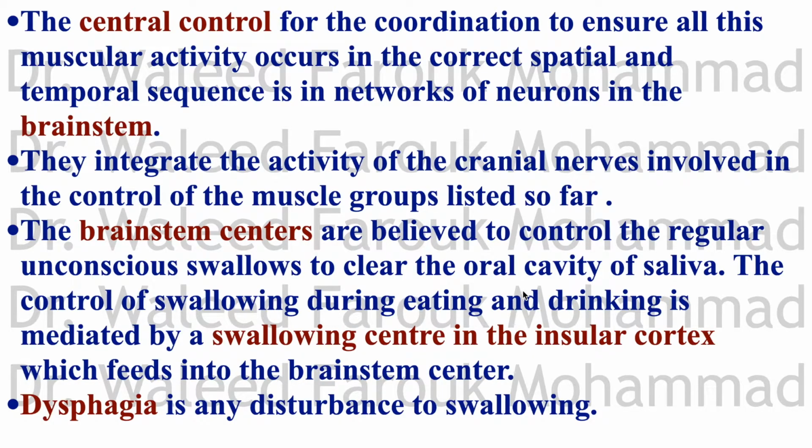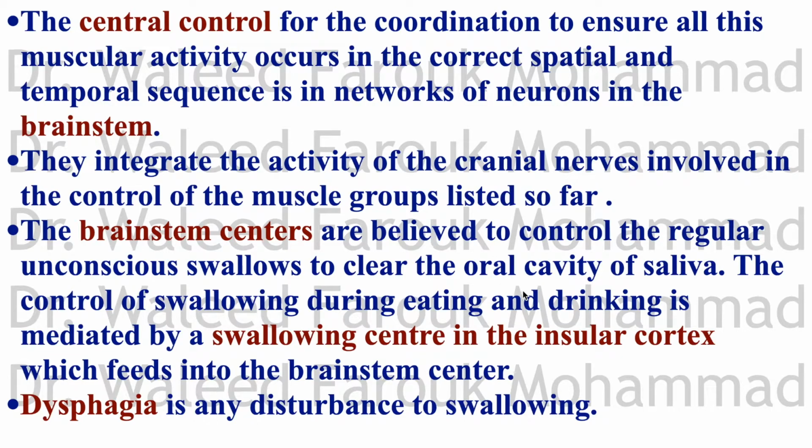Now, the function of the insula is vague. Little is known about the functions of the insula at the floor of the lateral sulcus of the brain, but it's suggested that it has a role in swallowing.